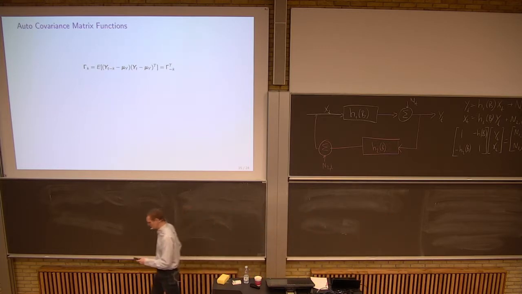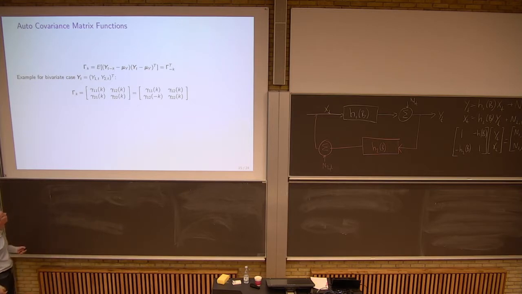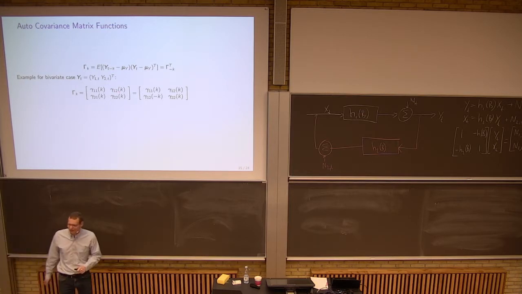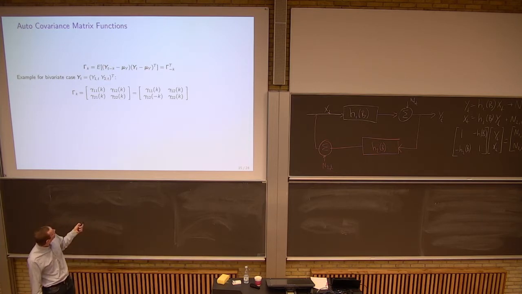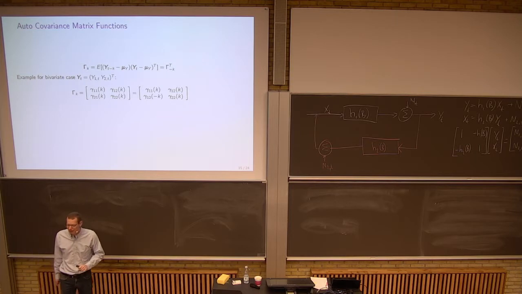So if we just look at a bivariate case, then we have the auto-covariance in the diagonal, and in the off-diagonal you have the covariance between state 1 and state 2, and state 2 and state 1. Now, the somewhat mind-boggling part is that gamma 2,1 of k is the same as gamma 1,2 of minus k.